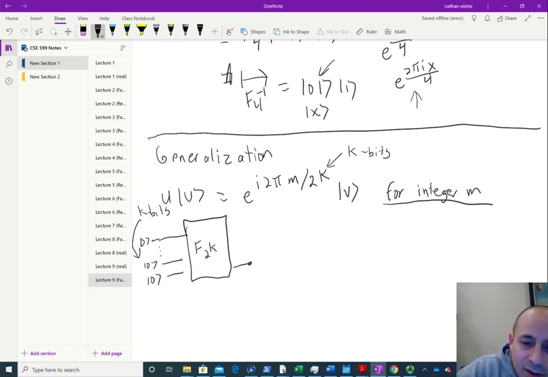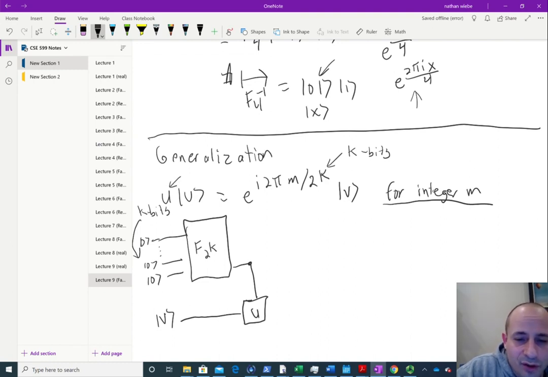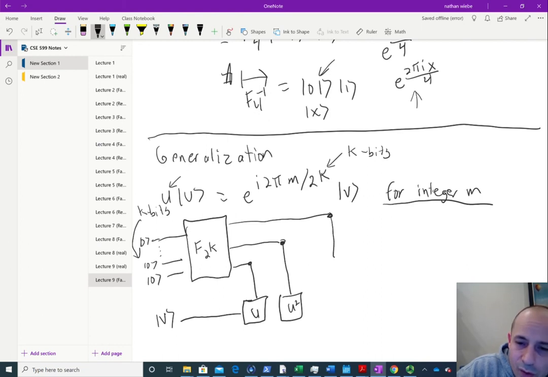And then we apply a controlled U gate, acting down on this input state v, which again is an eigenvector of this unitary transformation U. So next we do a controlled U squared, just like we did in the previous case, going all the way up to U to the 2 to the k minus 1.